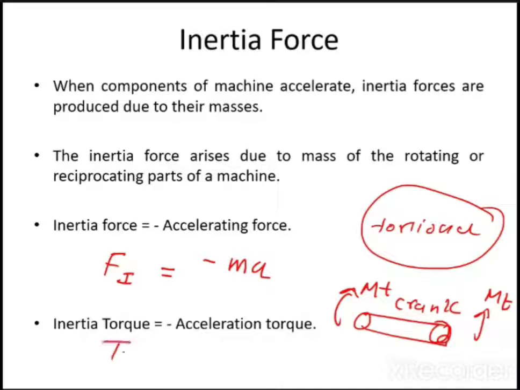How do we denote this? Ti, the inertia torque, is equal to minus I into alpha. What is I? I is the mass moment of inertia of the body, and alpha is the angular acceleration. And here m is the mass and a is the acceleration, or you can call it linear acceleration. This is how we define the inertia force.